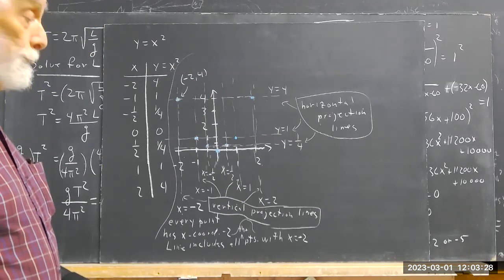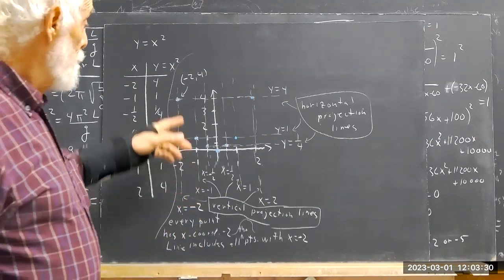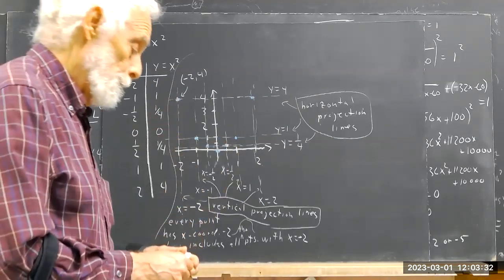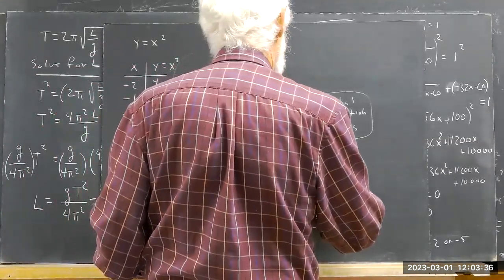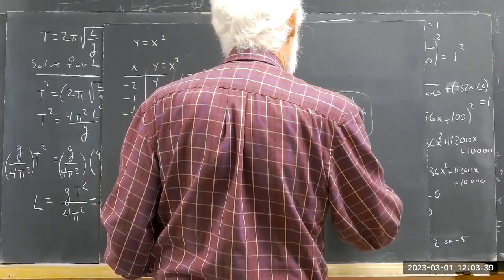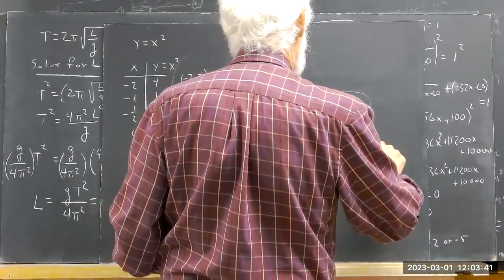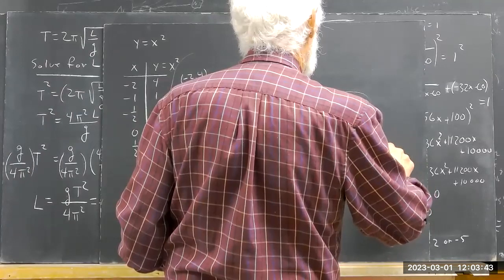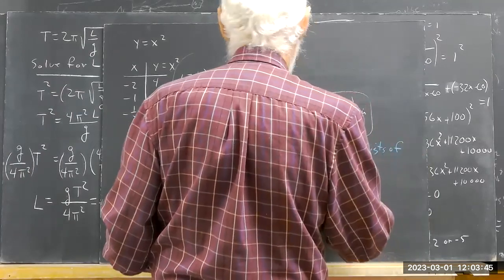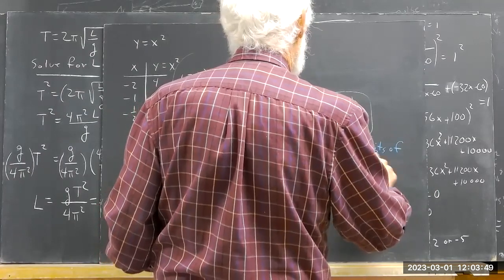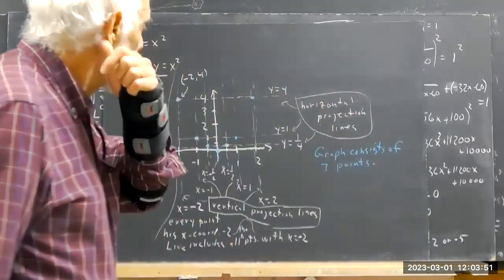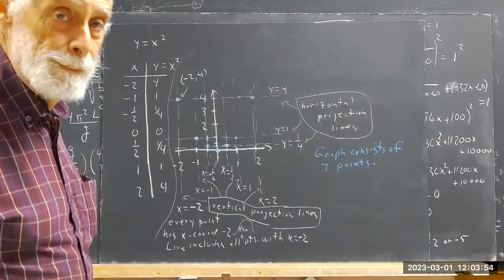The domain of the function as it exists is the graph. This is 7 points.